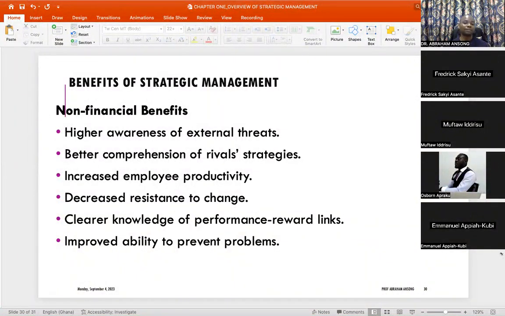Increase employee productivity. We spoke about motivation when we got to strategy implementation. We spoke about linking compensation to employee productivity. All of those things can lead to increased employee productivity. Decrease resistance to change.